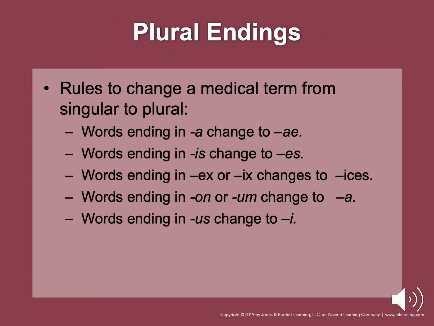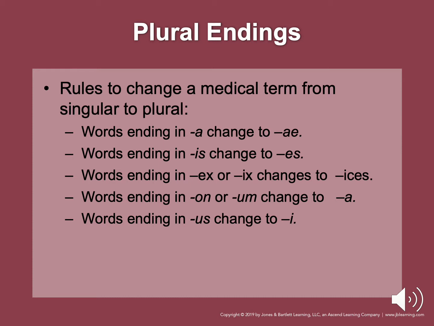Plural endings. To change a medical term from singular to plural, which means more than one: words ending in A change to AE, like vertebra and vertebrae. Words ending in IS change to ES, like diagnosis becomes diagnoses.